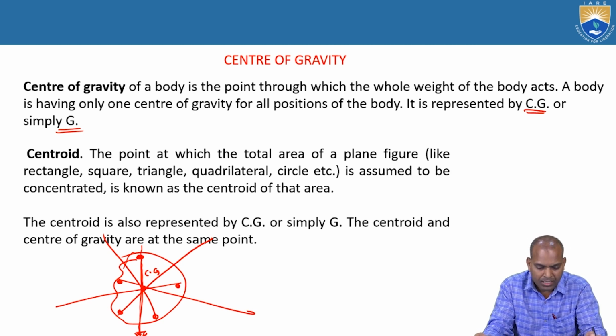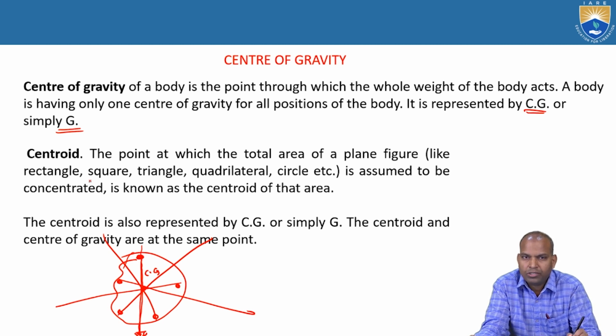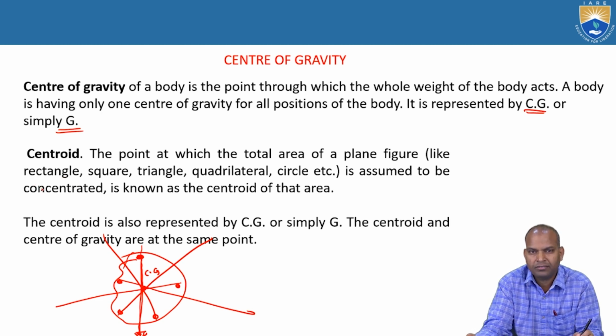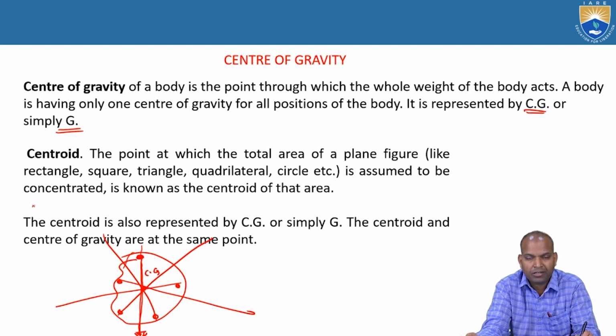The centroid is the point at which the total area of a plane figure, like a rectangle, square, circle or quadrilateral, is assumed to be concentrated.